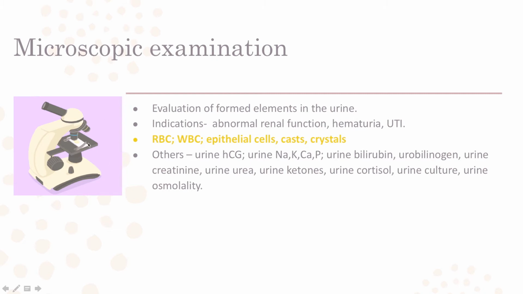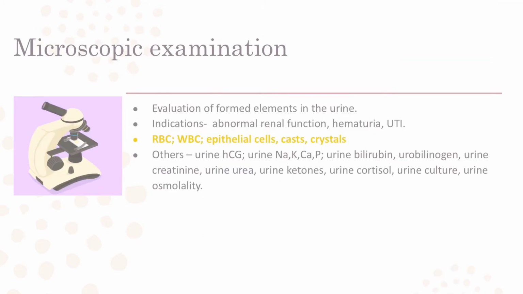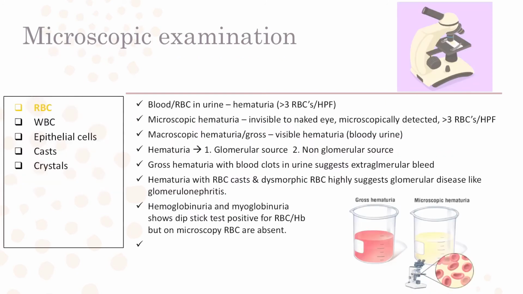That means one round circle that we see under the microscope without changing it is one high power field. So what can we check through microscopic examination? We can check RBCs, WBCs, epithelial cells, casts, crystals.